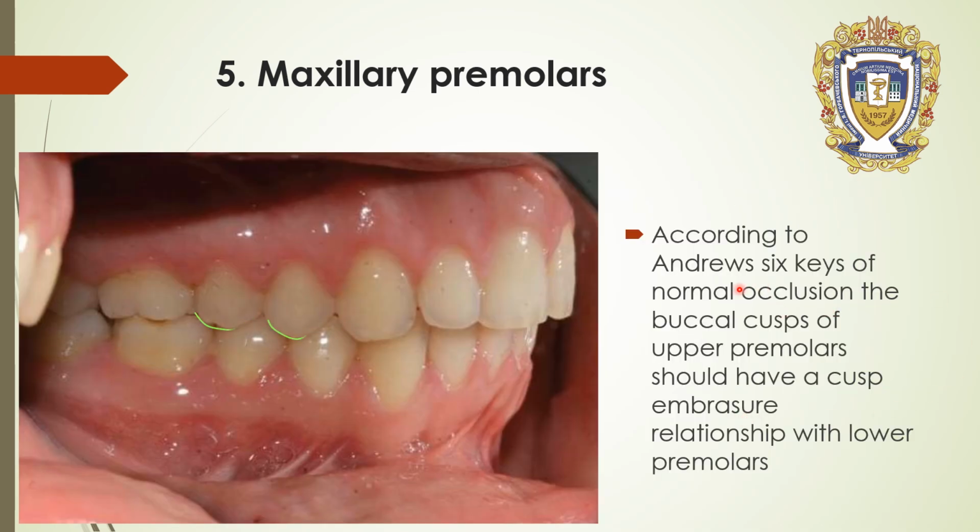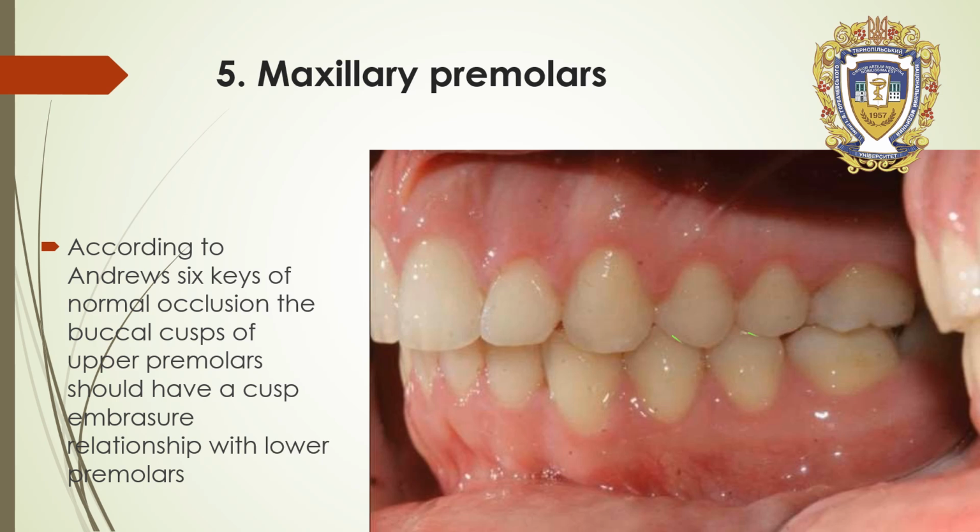According to Andrews' sixth key of normal occlusion, the buccal cusps of upper premolars should have a cusp embrasure relationship with lower premolars, and on the opposite side as well.